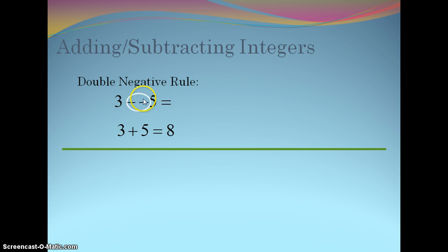Make sure you realize there's no numbers in between here. It's just two minus signs butted up right next to each other. That is what the double negative rule is. So if you ever see that, go ahead and rewrite that as a plus sign and then evaluate. So 3 minus negative 5 becomes 3 plus 5. 3 plus 5 is 8.